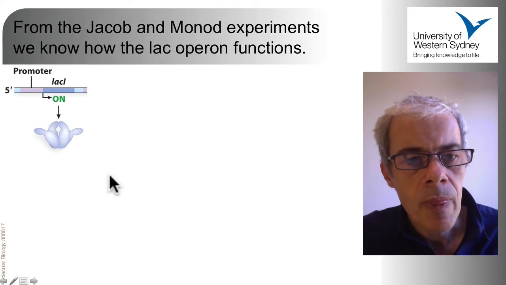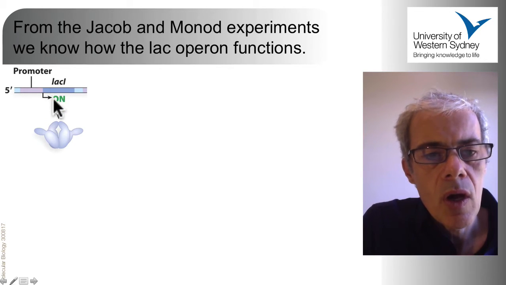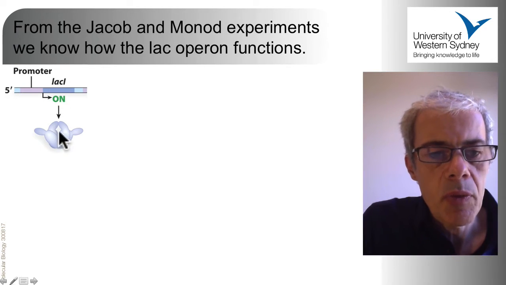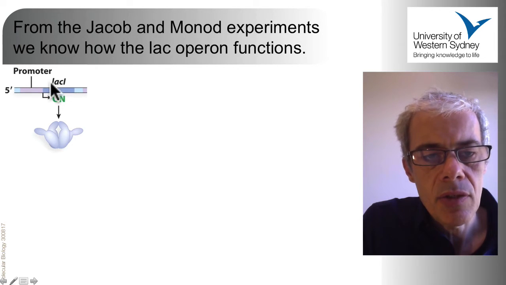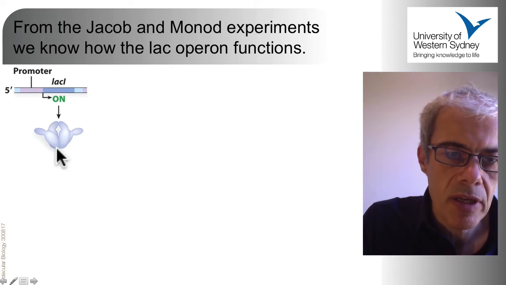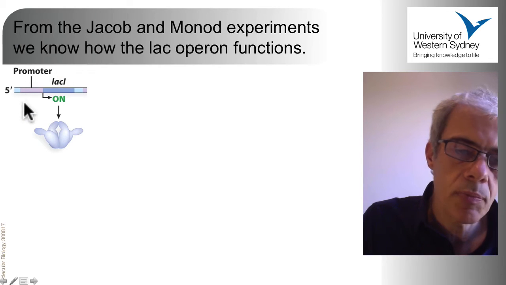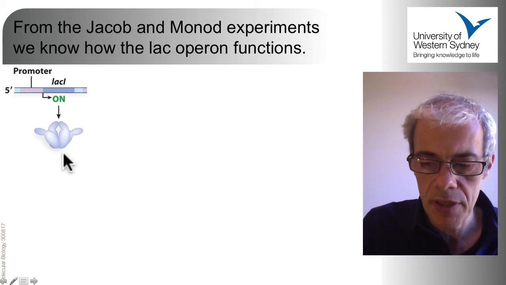So we know that the Lac-L then codes for a protein, okay? And that protein we know now is the Lac repressor. So we have a promoter leading to expression of Lac-L, which is the Lac repressor. Now this is not induced by IPTG, it's just being produced at low levels in the cell. So the cell produces the repressor.